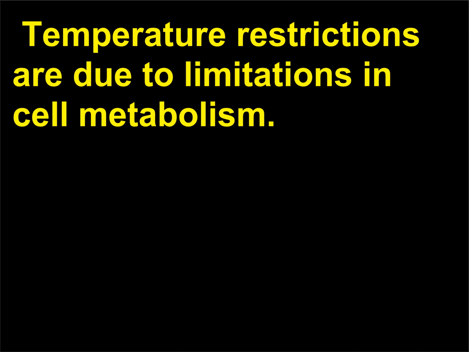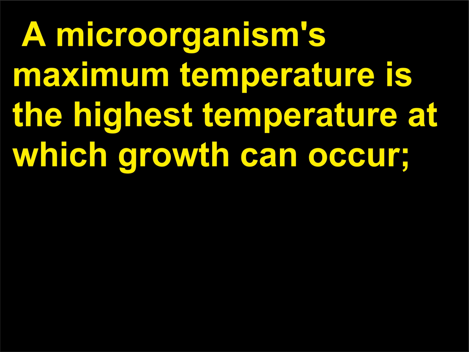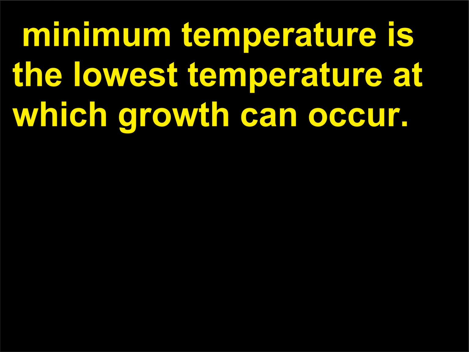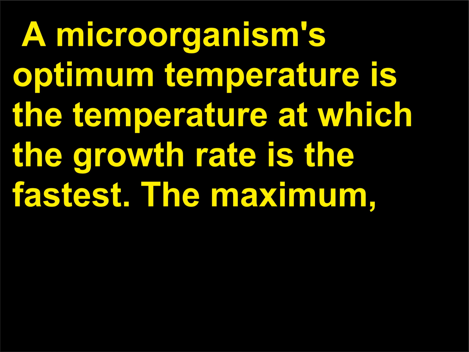Temperature restrictions are due to limitations in cell metabolism. A microorganism's maximum temperature is the highest temperature at which growth can occur. Minimum temperature is the lowest temperature at which growth can occur. A microorganism's optimum temperature is the temperature at which the growth rate is the fastest.